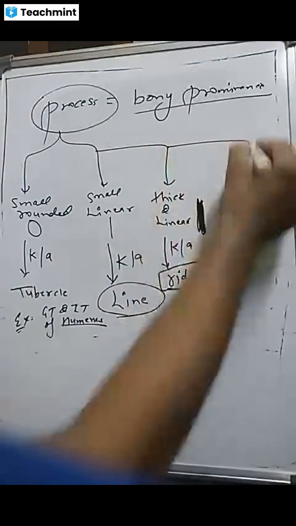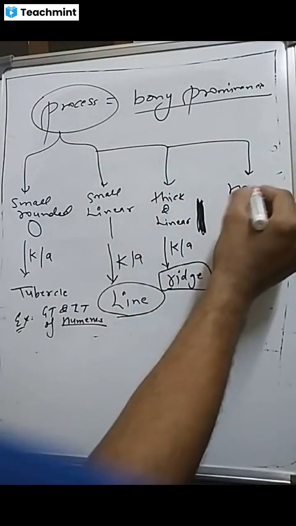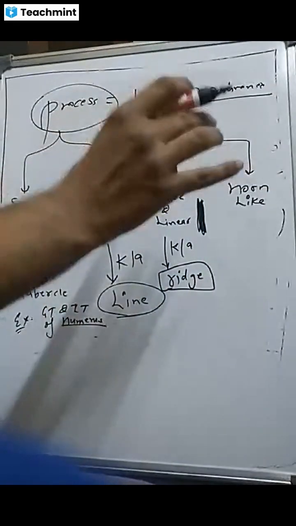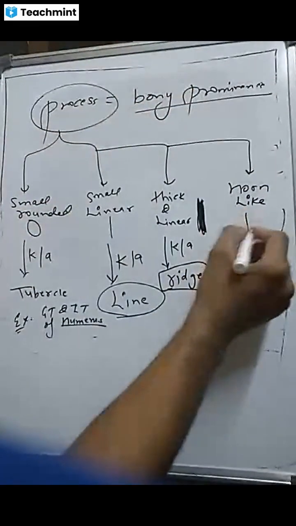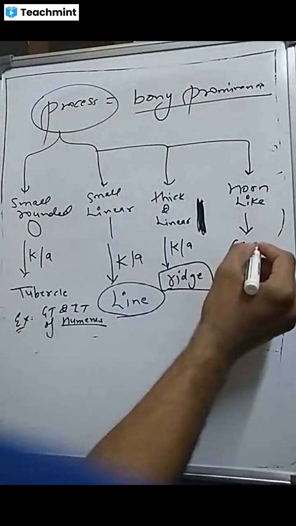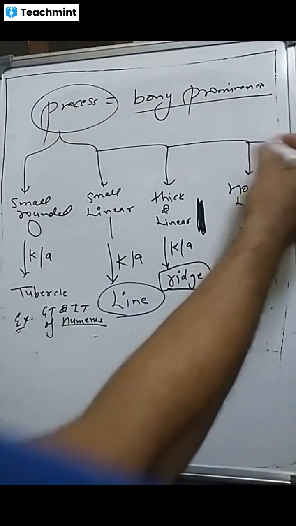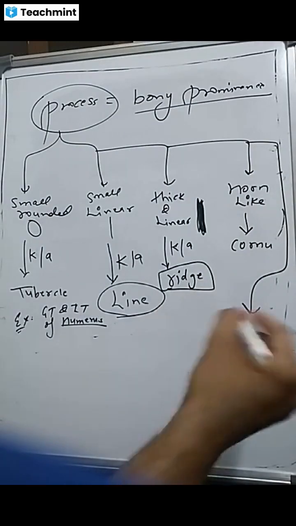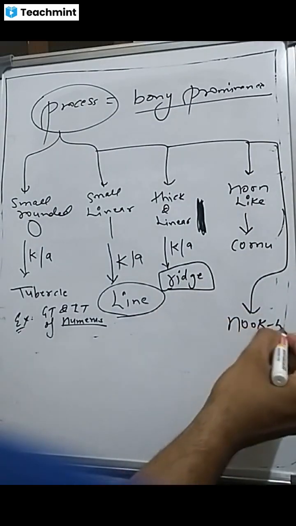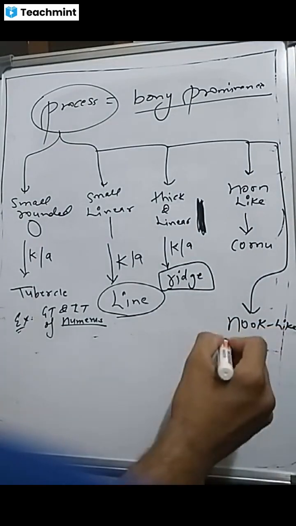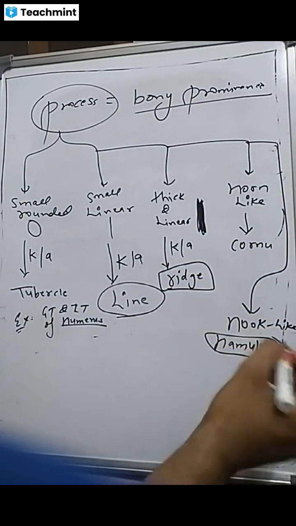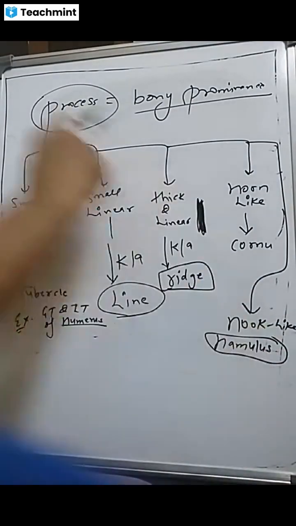If it is horn-like, we call this cornu. If it is hook-like, this is called as pterygoid hamulus. That is a hook-like process.